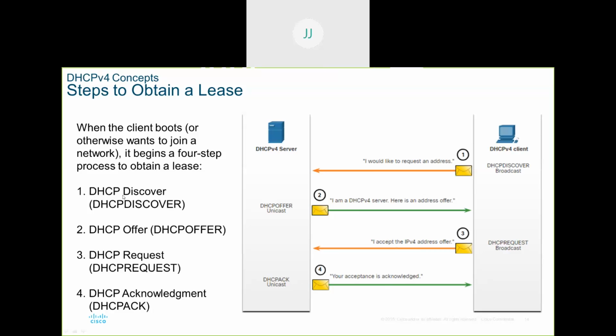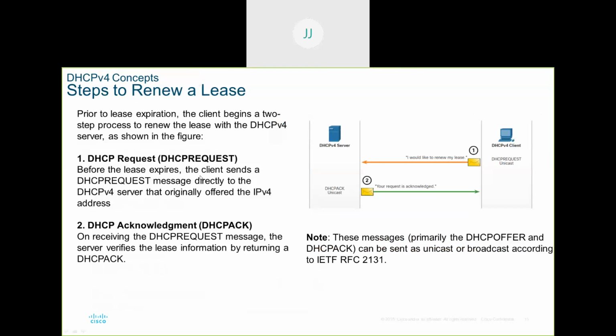Like I said, this is a process you probably will want to familiarize yourself with, not only for the module exam, but possibly for the certification exam as well. And renewing a lease is just the last 2 steps of the previous example.